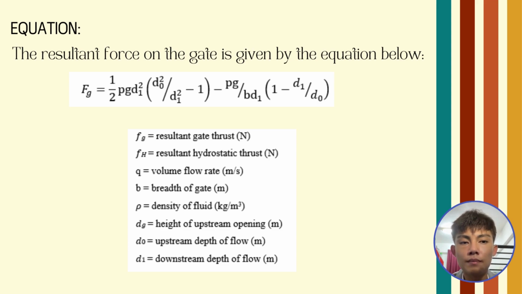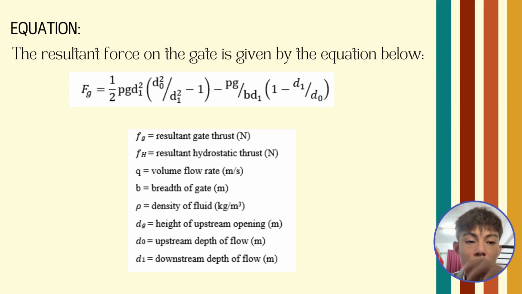Fg equals 1/2 ρg d1 squared times d0 squared divided by d1 squared minus 1, minus ρQ squared divided by b d1 times 1 divided by d1 minus 1 divided by d0.